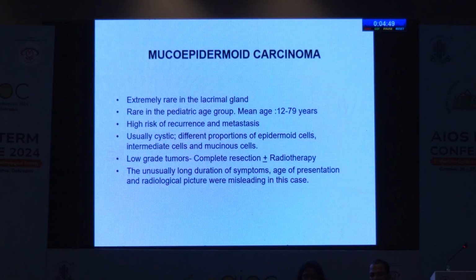So this was a mucoepidermoid carcinoma, which is very rare in the lacrimal gland, and even more rare in the pediatric age group. Usually they are cystic, and in this particular case, the long duration of symptoms, age of presentation, and radiological picture were actually misleading, which was a surprise for the clinician.